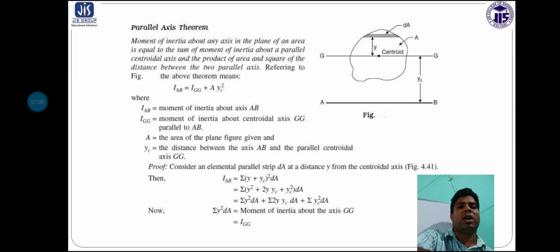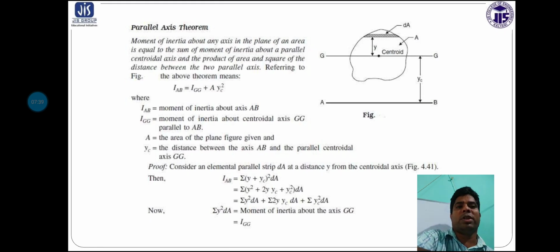Here IAB is the moment of inertia about axis AB, IGG is the moment of inertia about centroidal axis GG, which is parallel to AB, A is the area of the plane figure, and YC is the distance between the axis AB and the parallel centroidal axis GG. That is the statement, and now the proof of how it comes.